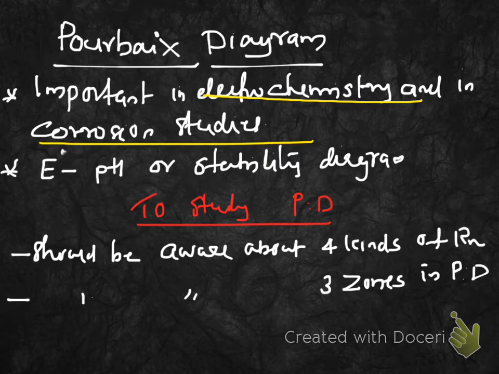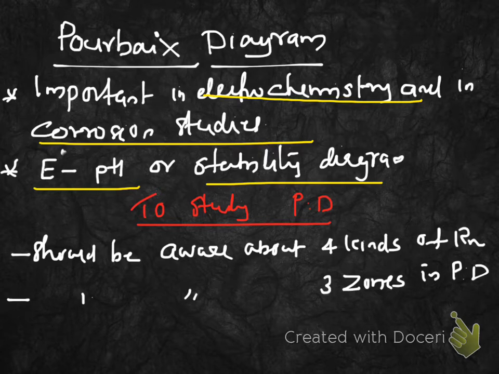This actually we are doing with this Pourbaix diagram. So it is a plot of E versus pH, or it can be considered as a stability diagram of various species of a particular element under varying pH.